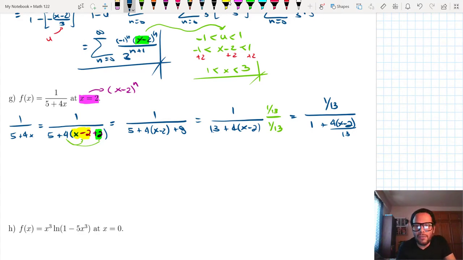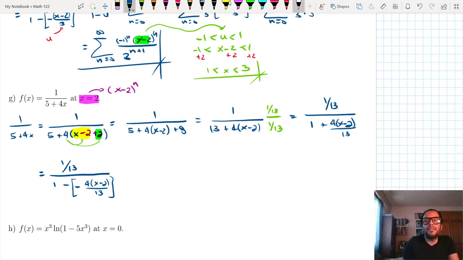We're getting close, however, we need the minus sign here. So that is 1 over 13 times 1 over 1 minus negative 4 times x minus 2 over 13.